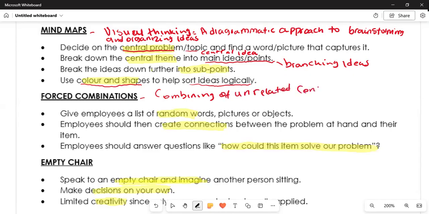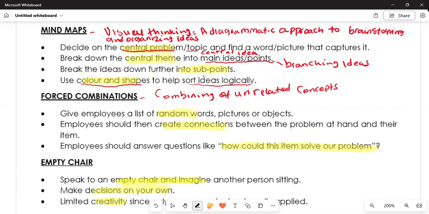This is where you are trying to force two or more unrelated ideas or concepts together to generate new solutions. This technique stimulates creativity. It encourages innovative thinking by challenging conventional relationships between ideas.